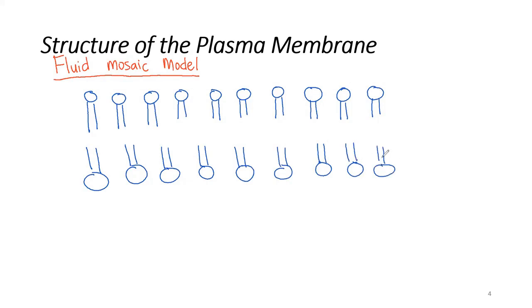Now, alongside the phospholipids, we also have some other very important structures. First off, we have proteins. Some proteins go right through the membrane, and we'll describe these in a little bit. Some of them go through the entire span of this bilayer.